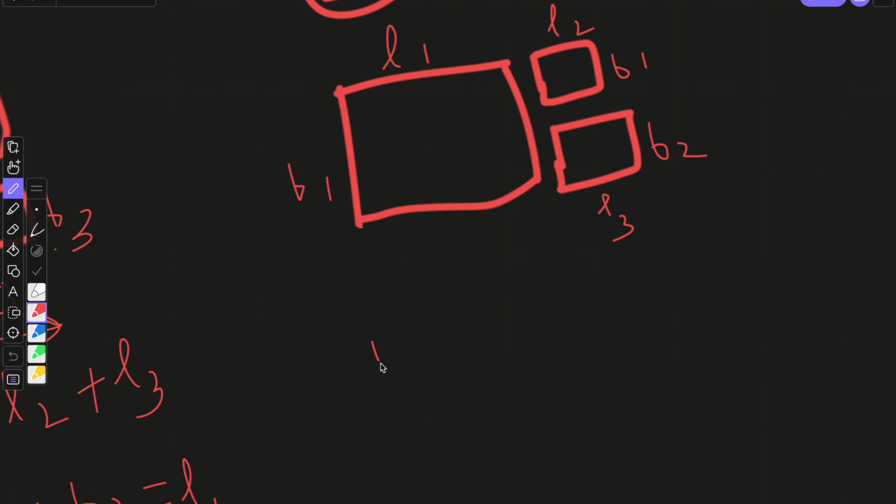So what conditions must be true in order to form a square from these rectangles? L1 plus L2 must be equal to B1.